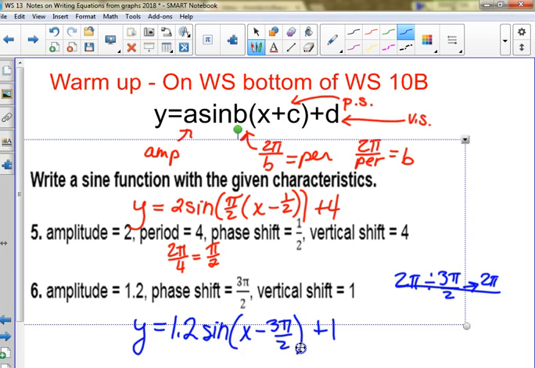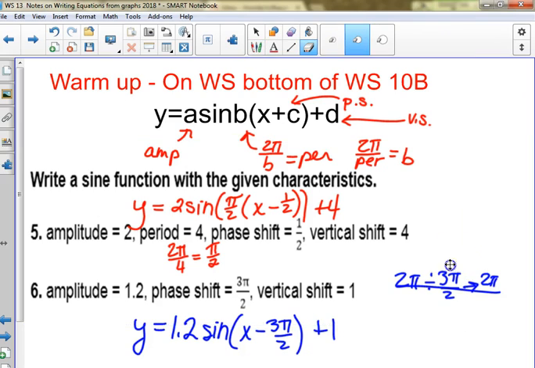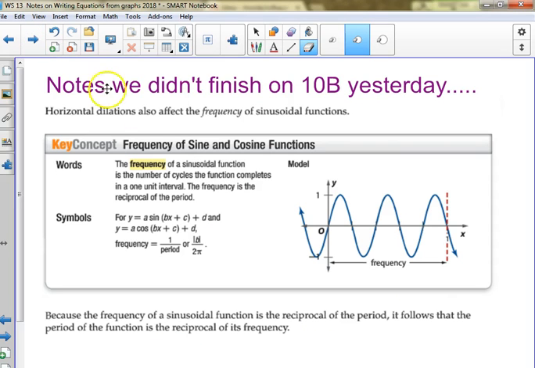It doesn't tell us a period change, so we're just going to go with it's 2 pi. Thank you. Questions? Okay, because that's what we're doing today, but we're going to be given a graph instead of all that lovely information. All right, we didn't talk a lot about frequency.